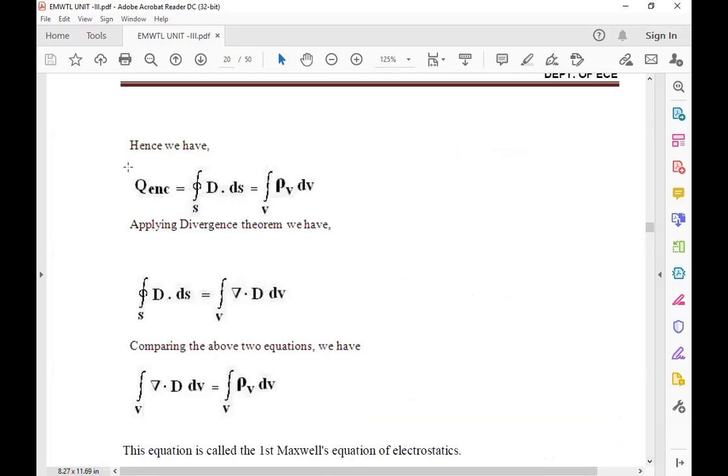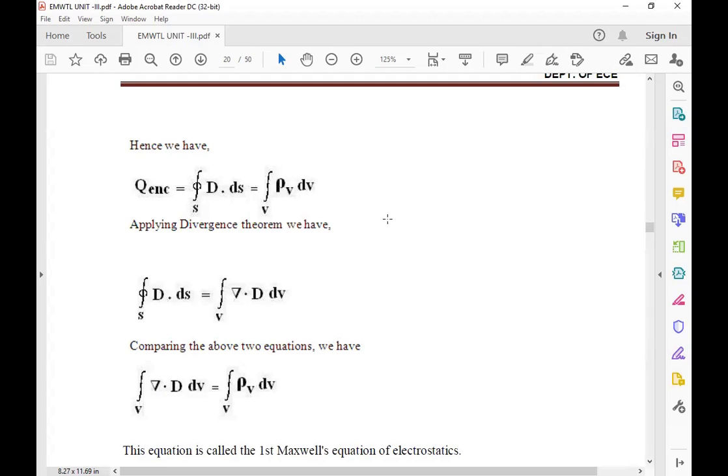Now the enclosed charge Q enclosed is equal to the integral of D bar dot ds bar. Why is it D bar dot ds bar? Psi is equal to D bar dot ds bar, and that is equal to the integral of rho v dv.